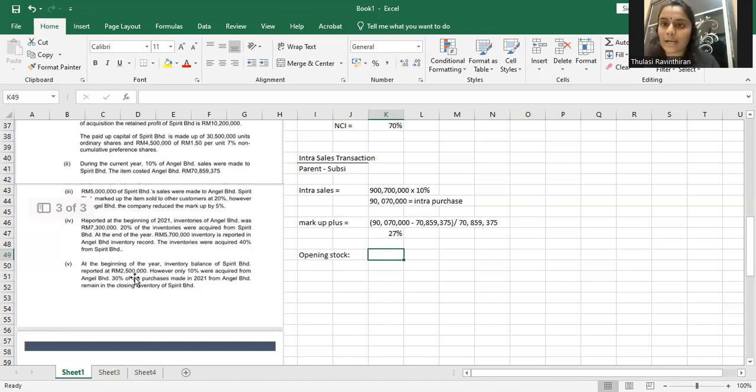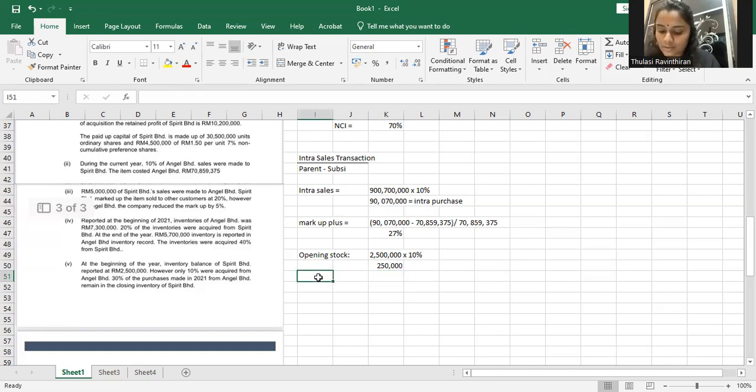2,500,000 times 10%. The answer will be 250,000. Okay, this is not the final answer. We should calculate URP opening stock.